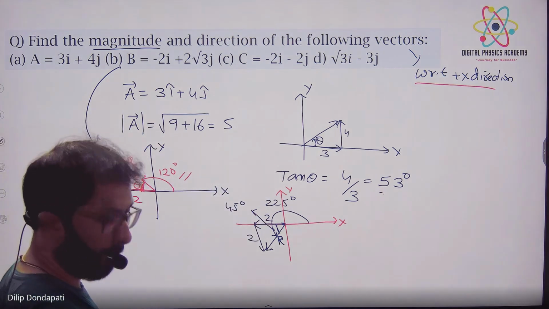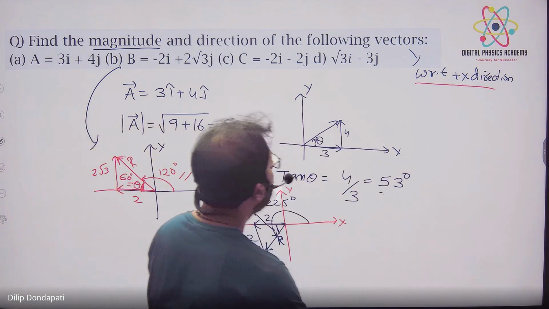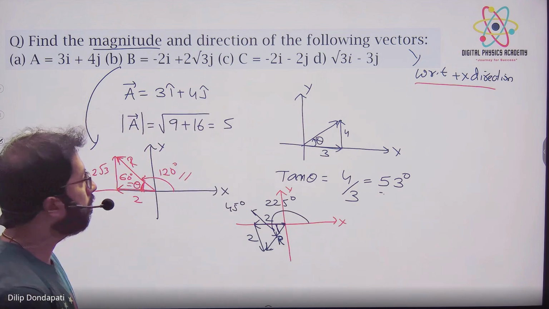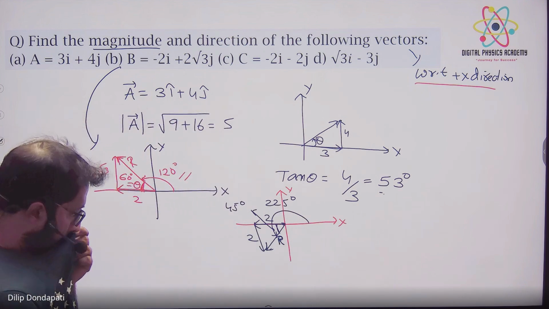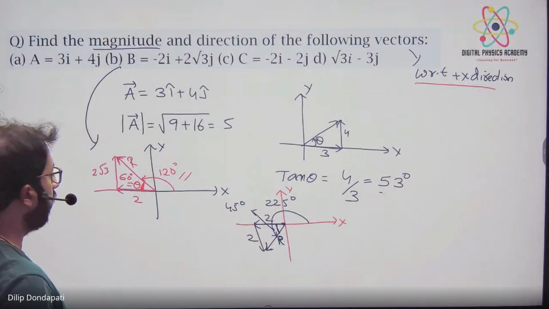Last one. root 3 i cap minus 3 j cap. So that's the last one.